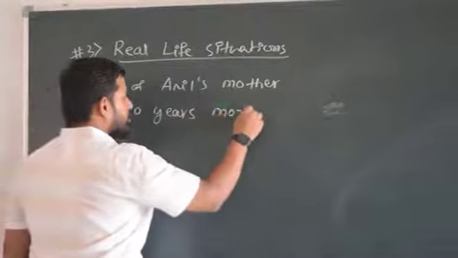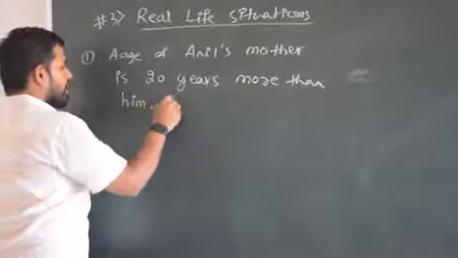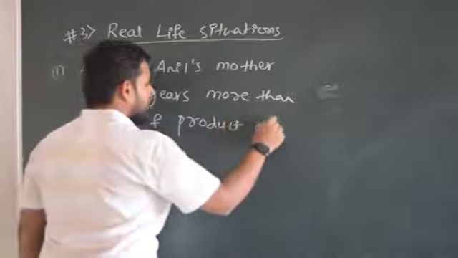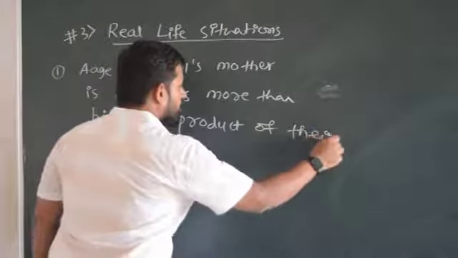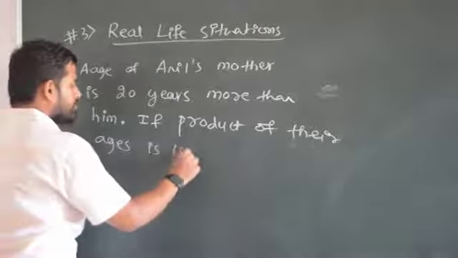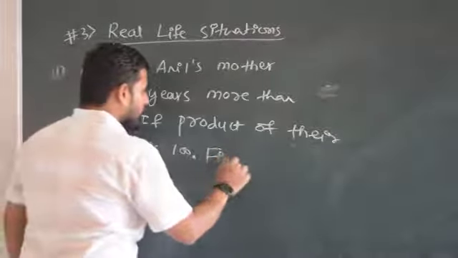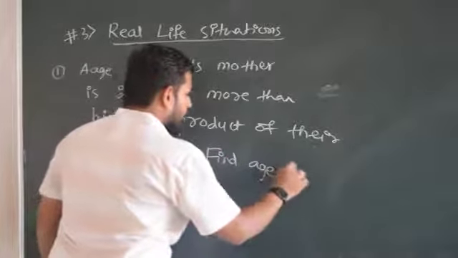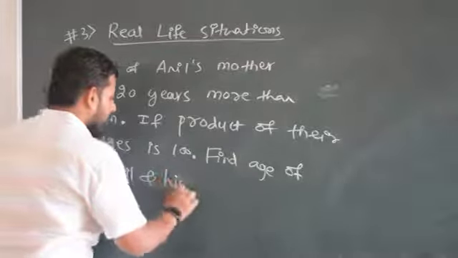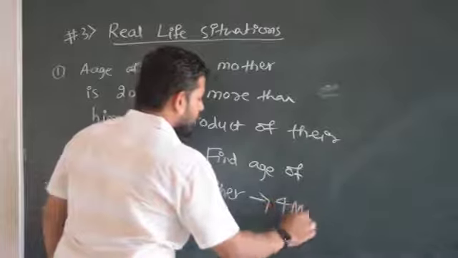If the product of their ages is 100, find the age of Anil and his mother. This is how the question will be asked for your 4 marks. In your board exam, these kind of questions are asked for 4 marks.